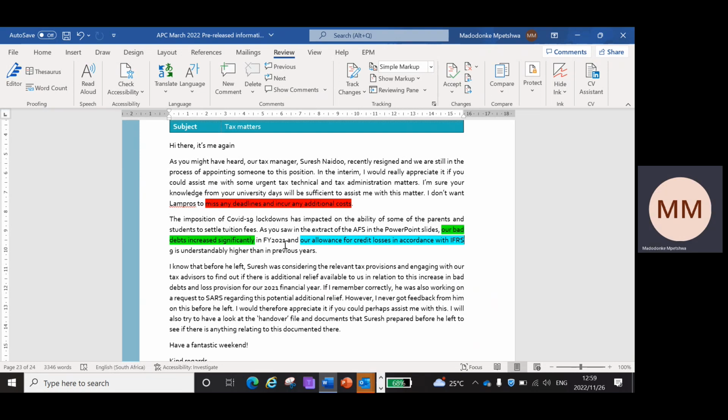it could be the VAT implications from a bad debts perspective. Okay, and then in terms of the allowances for credit losses, we also need to reflect on that, okay, fine, in terms of IFRS 9, we've got an allowance for credit losses.